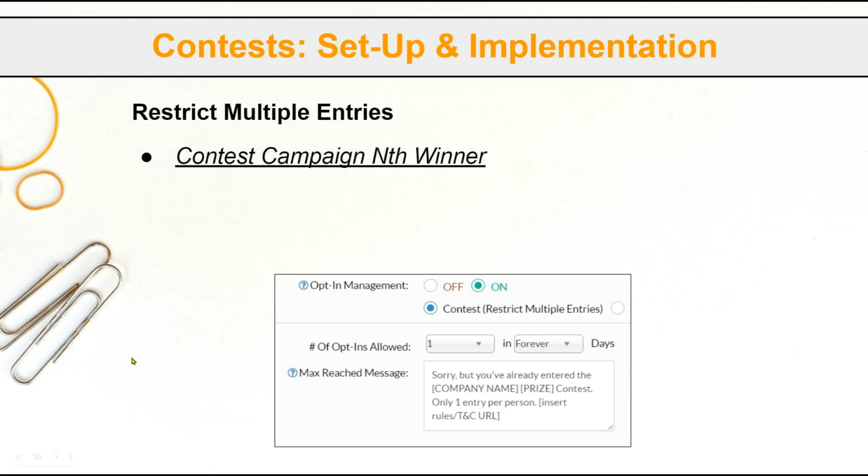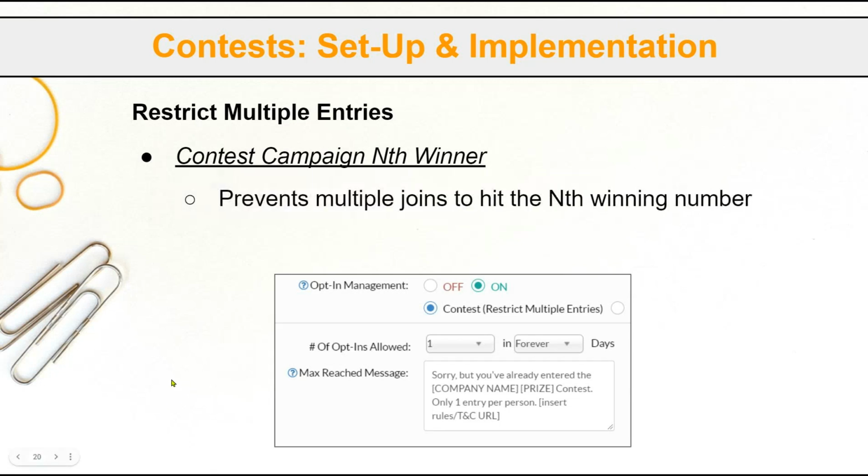Since the contest campaign for the nth winner can select winners based on a variable, people can increase their odds of winning by opting in multiple times until they hit that nth variable. If that's what you want, great, let them do it. There's no need to activate this option.